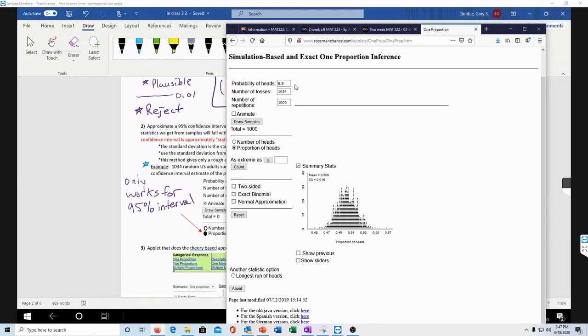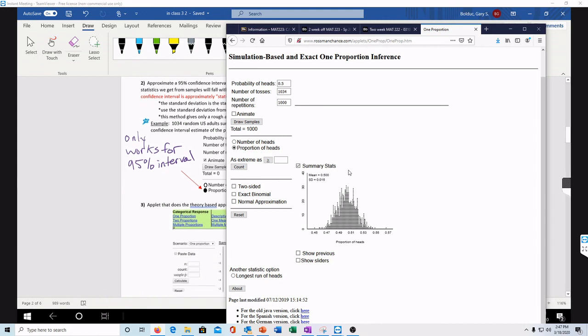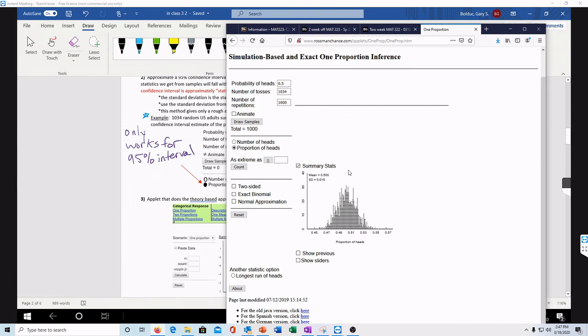This is like a coin flip, okay? And then all I have to do is write down the information I know. So I go back to the example. 69% said it had no effect. So that's 0.69. That's my statistic. Plus or minus 2 times, and then my standard deviation is right here, 0.015.